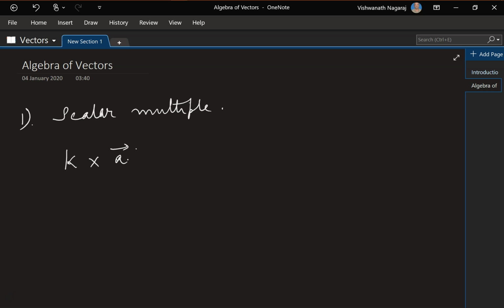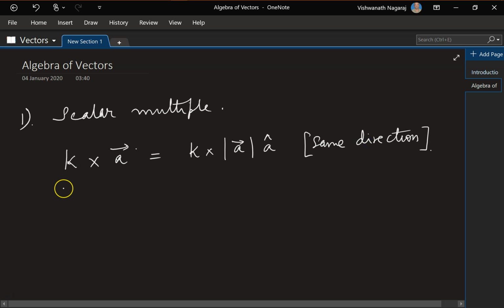Now this can be written as k times the magnitude of a in the direction of a, right? So which means what? It is in the same direction.